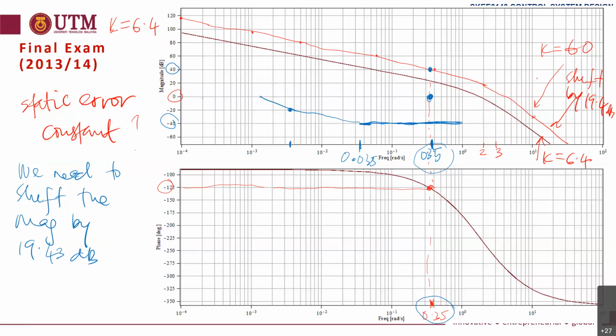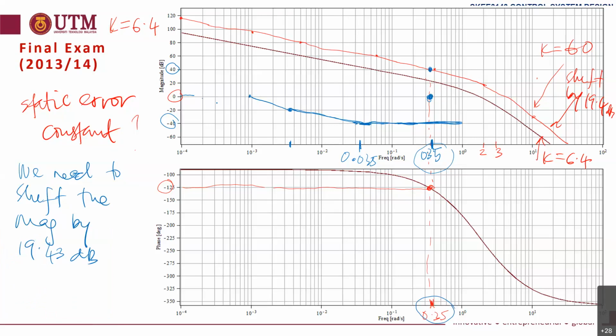This is of course not accurate. So perhaps like this. It reached 0 here.